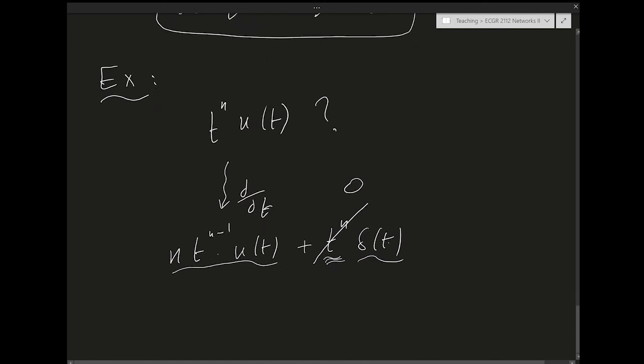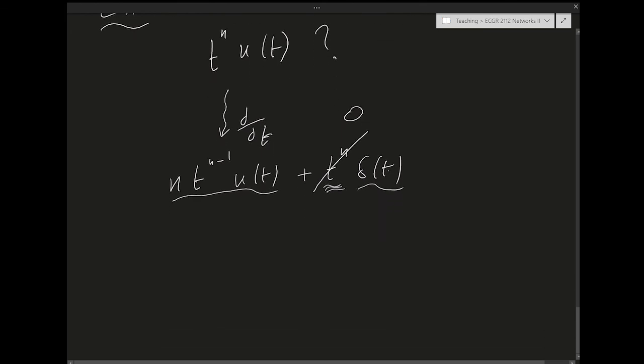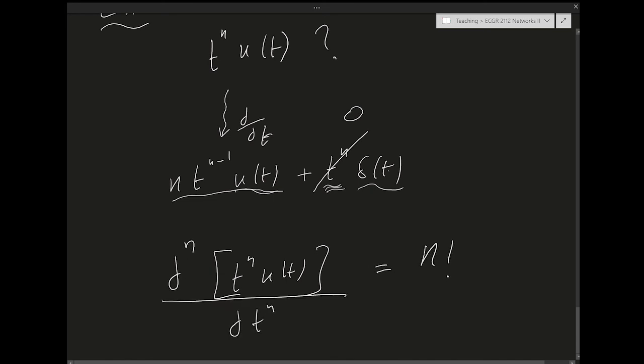Now it's clear that if we repeat this n times, we will get n times n minus 1 times n minus 2, and so forth, all multiplied together. So if I take t to the n u of t and differentiate it n times, I end up with n factorial, which is n times n minus 1, n minus 2, all the way to 2, 1.